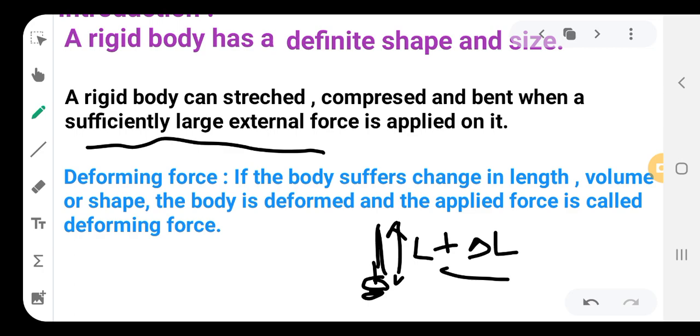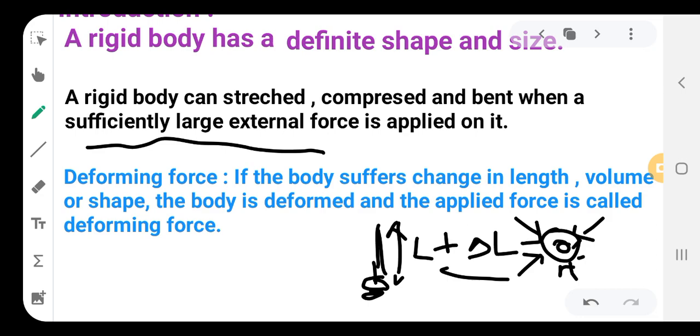And if you take a sphere, for example the shot put, and apply force on all sides of this sphere, the body can shrink.